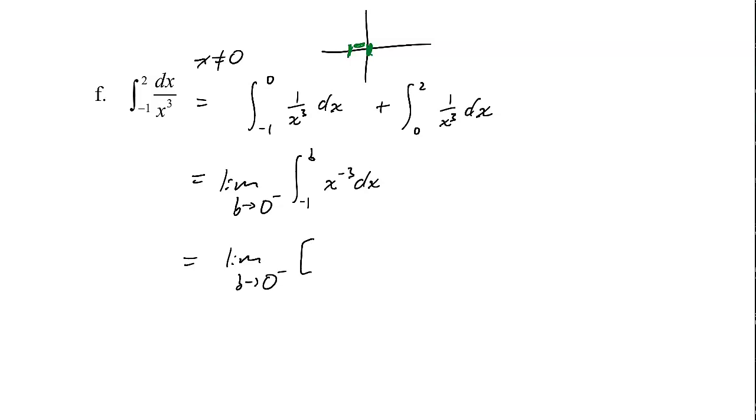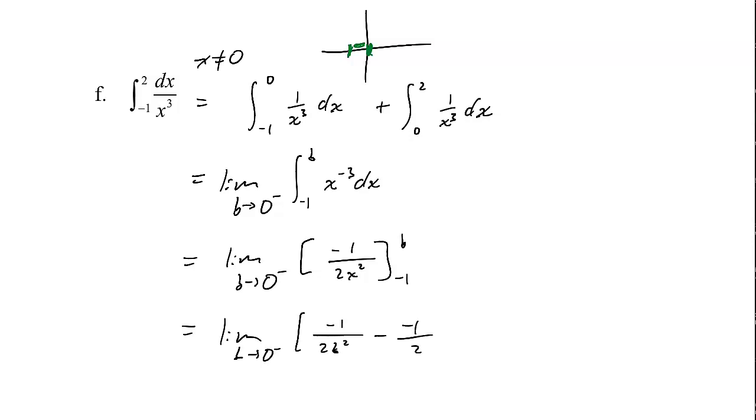Let's see, x to the negative 2 divided by the new exponent, so negative 1 over 2x squared from negative 1 to b, which is negative 1 over 2b squared, minus negative 1 over 2, plus 1/2.